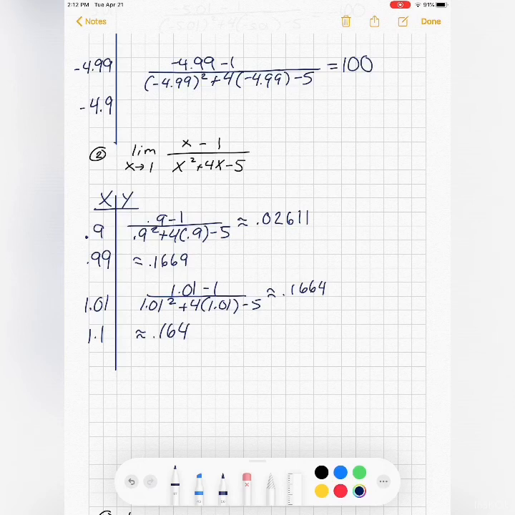I'm double checking this first one, and I think this first one has a typo. This one should be 0.1695.